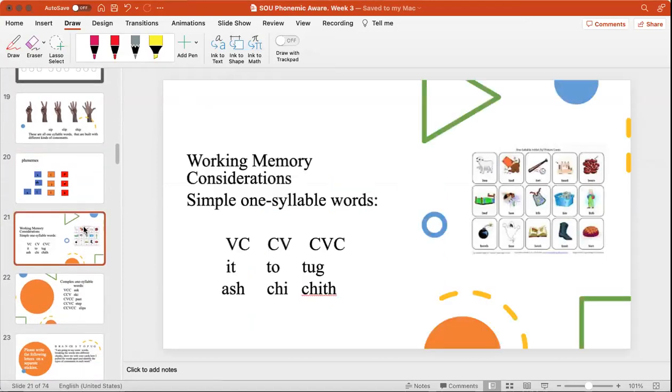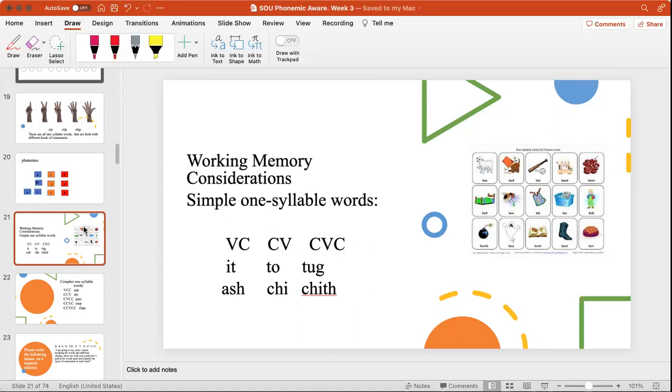Okay, so these next two slides are important because they ask, where do I begin and how do I bump up the complexity of what I'm asking my student to do because of working memory? The words that have two sounds could be like the word it, which is a vowel-consonant. That's what VC stands for. Or ash is also a two-sound word because SH is one sound.